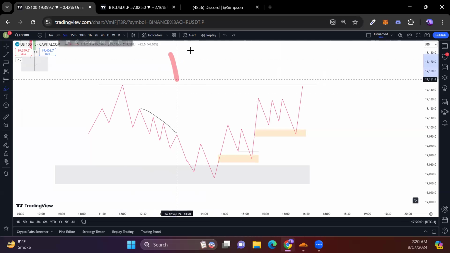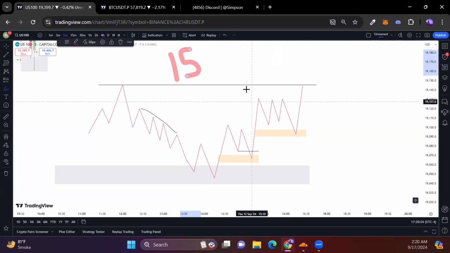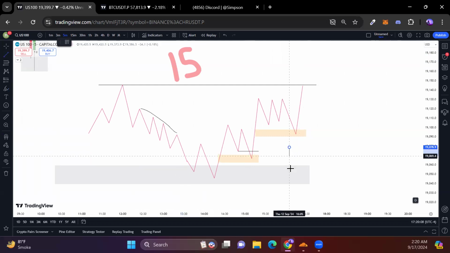Now, let's say this is a 15-minute chart and we are trading this leg. Probably we have New York open time here. So I expect price to push through this time only. I'm just taking an example.